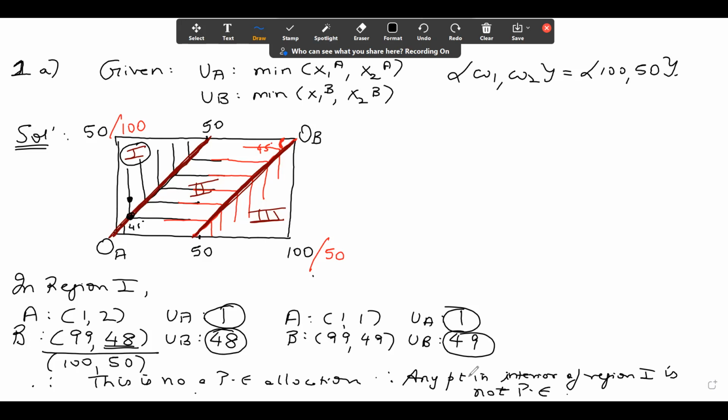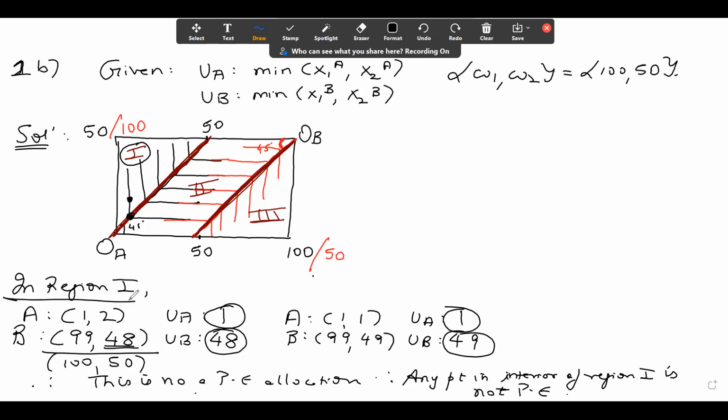Guys, from part A, we saw that you will never have a corner solution because we have perfect complements. So there is no point of checking the corners. You only check the interior points within the Edgeworth box, because when you are at the corner, one of the goods is 0, and min of anything with 0 will always be 0. So by that logic, you will never land up on the corner. You will always be in the interior of the Edgeworth box.